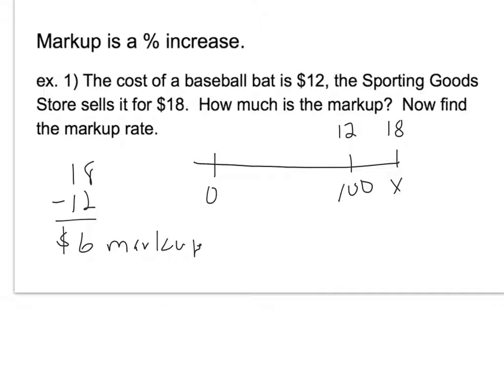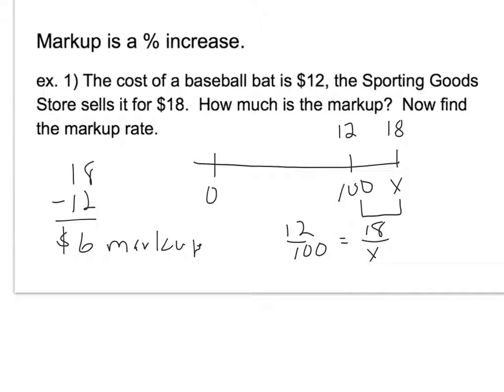The new price is going to be more than what you paid for the original. So you can make your proportion 12 over 100 equals 18 over x.